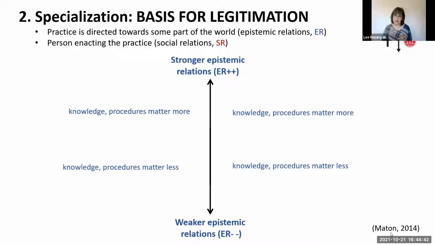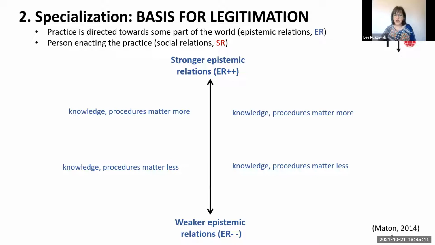That's exactly right. So that's what we're going to look at now: to what extent are the epistemic relations emphasized as a basis of achievement, and to what extent are the social relations emphasized as a basis of achievement. You'll remember we talked about practice being directed towards some part of the world and the relations between knowledge and procedures and the practice.